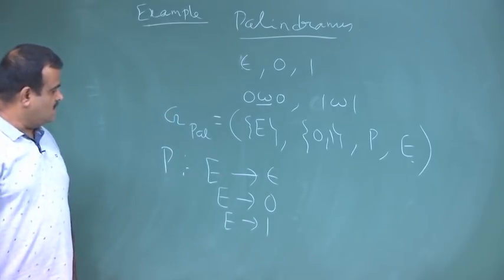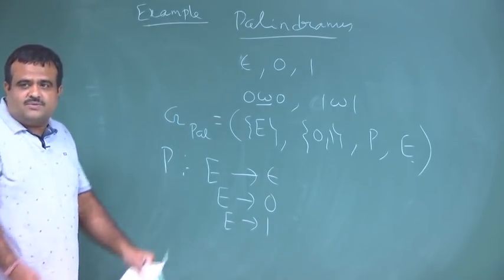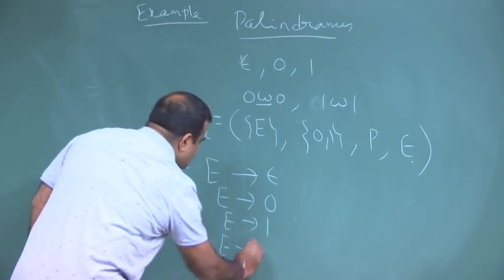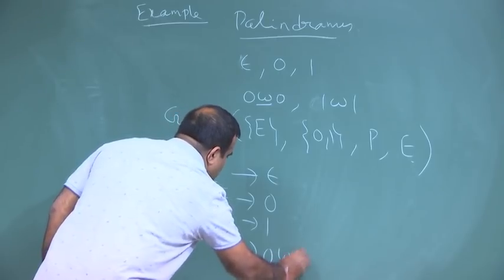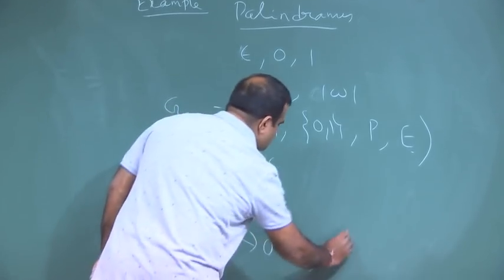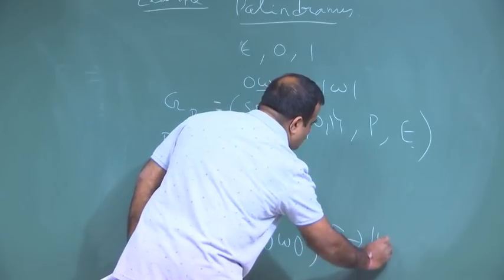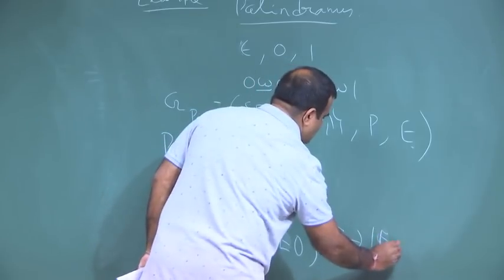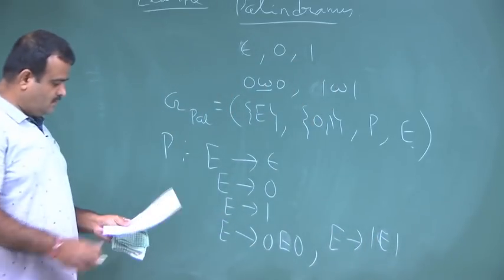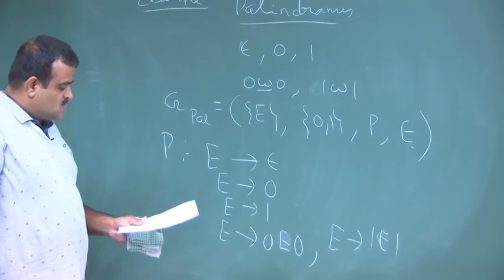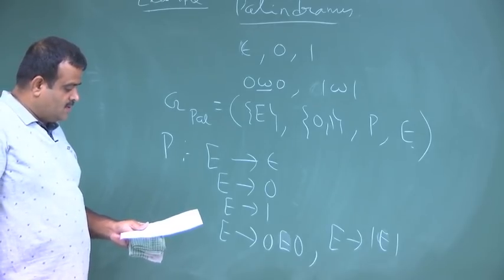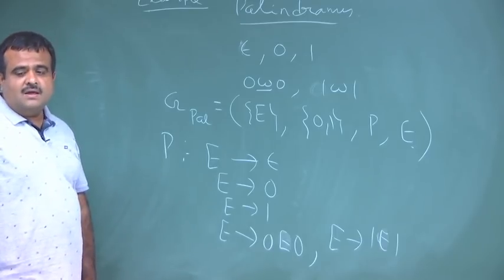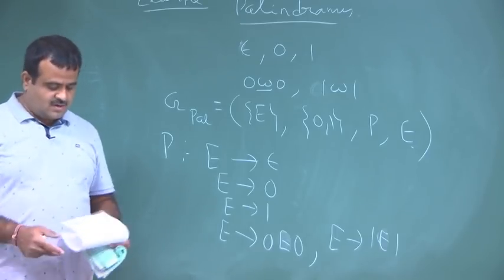These are the direct options. Or E can go to 0E0, or E can go to 1E1. This is the way we define the rules of the palindrome grammar.